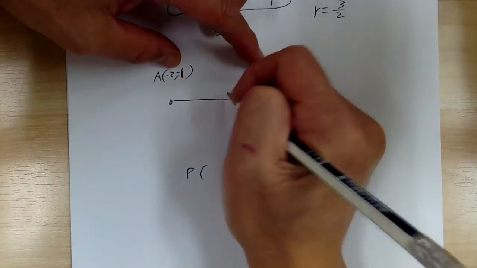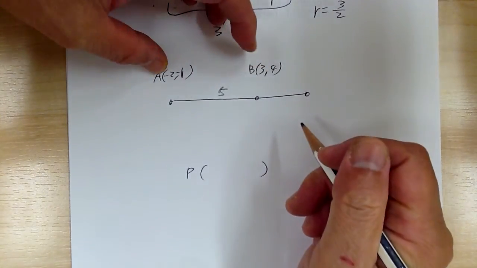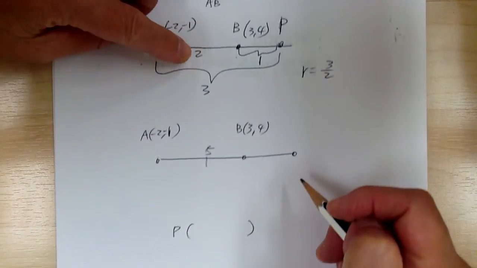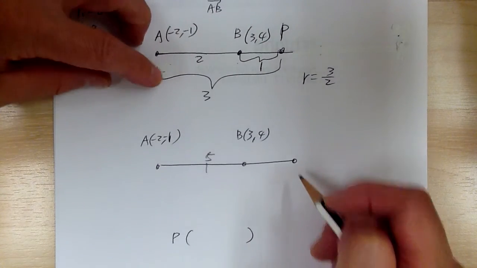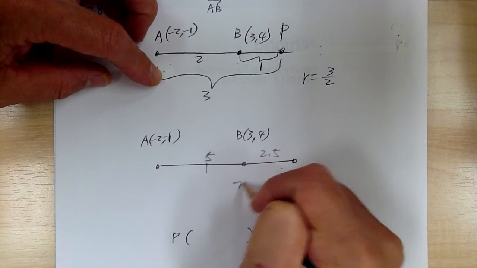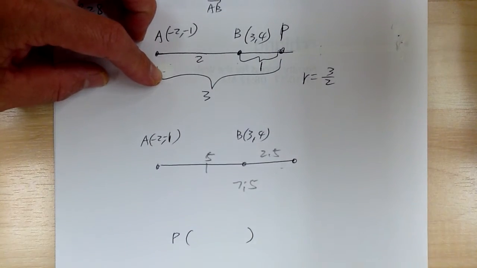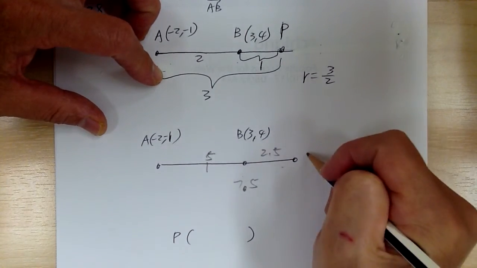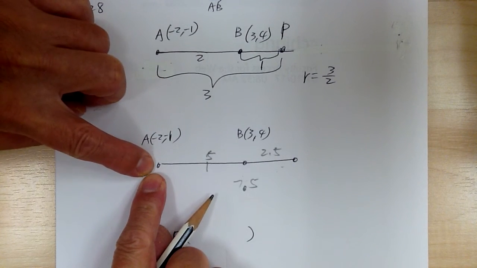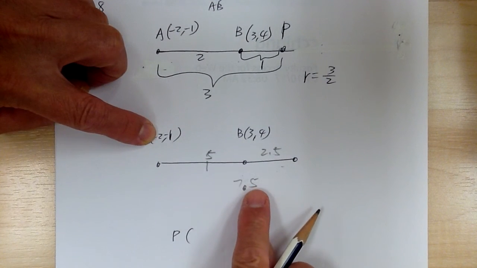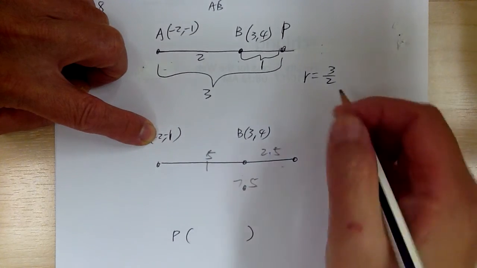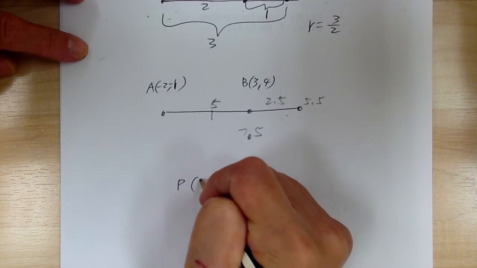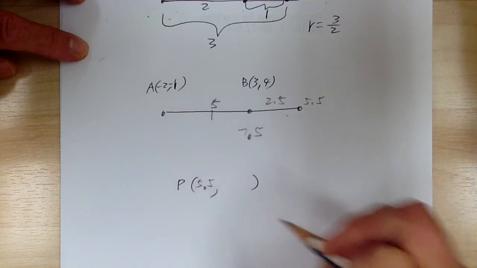For x, 3 minus -2 is 5. If you look over here, this is 2 and this is 1, so this would be 2.5, and this would be 7.5. So if you start with -2 and add 7.5, you get 5.5. So you get x of 5.5.